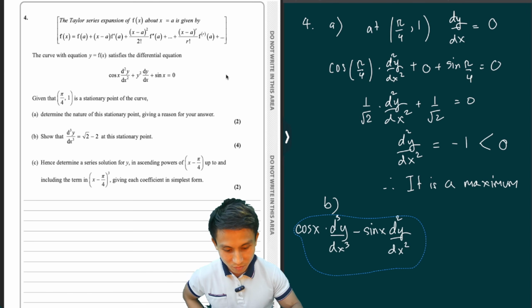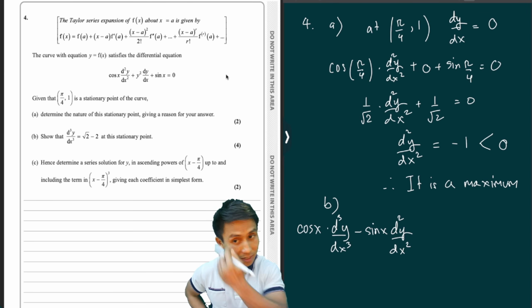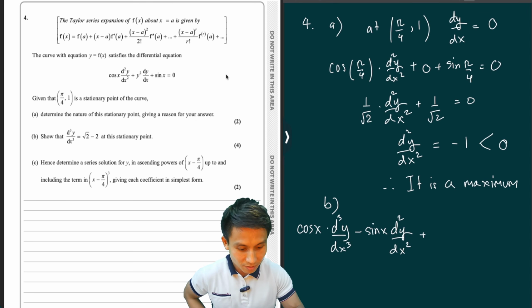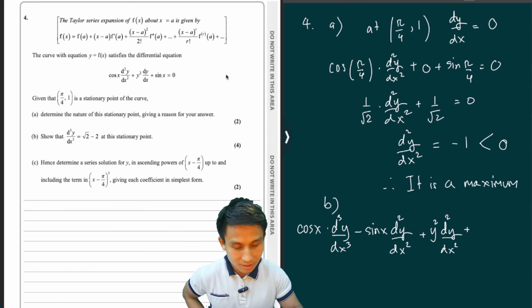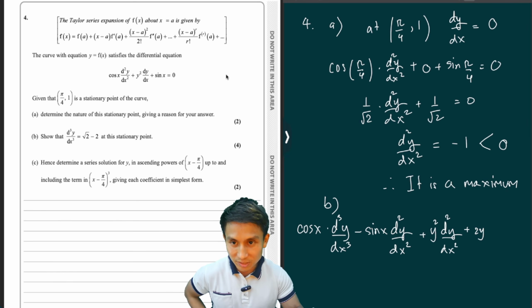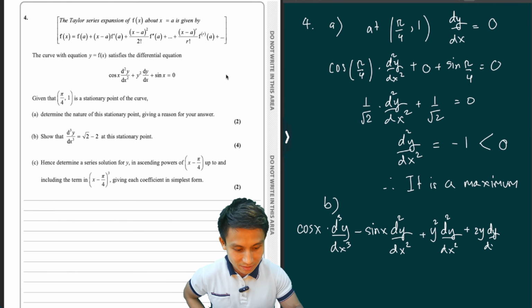Let me just get some more area here. And then the second term, so y squared d squared y by dx squared, yeah, plus 2y, because we are differentiating with respect to x, right? So that's going to be another dy by dx times dy by dx.